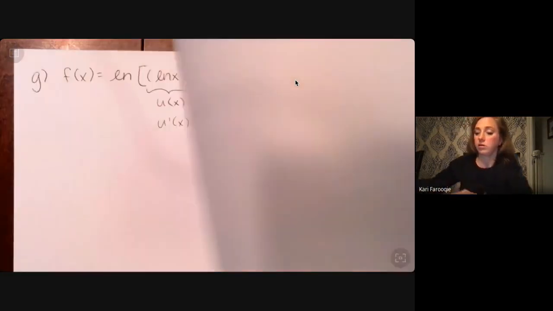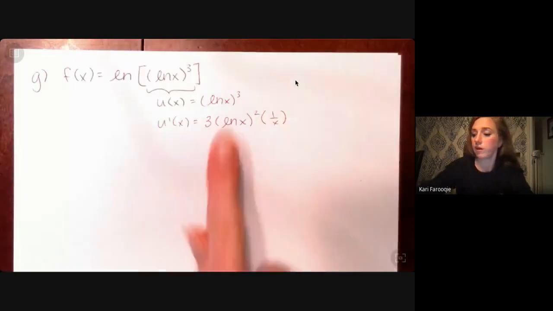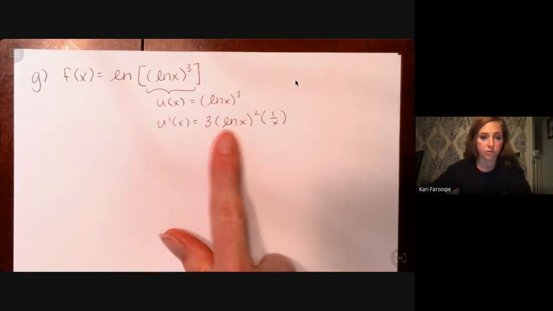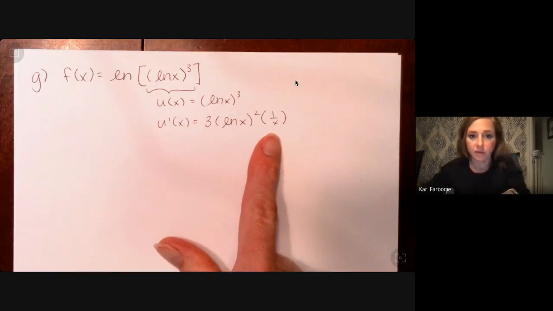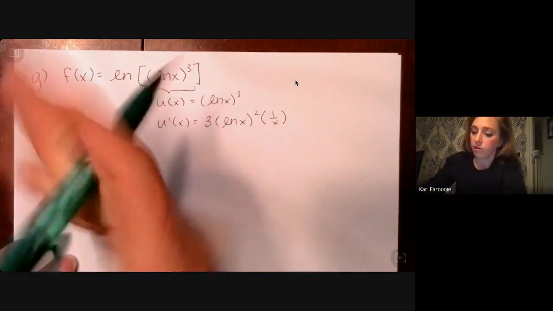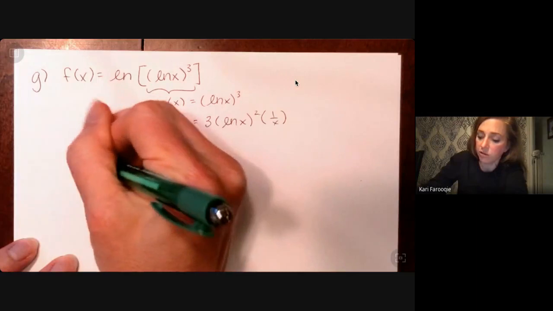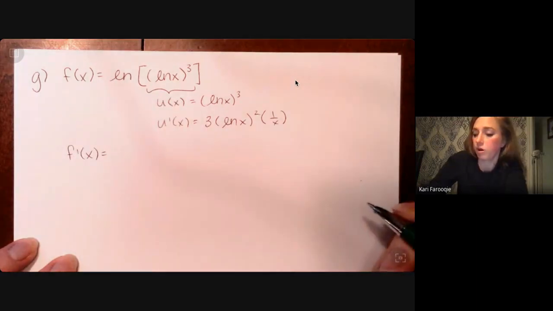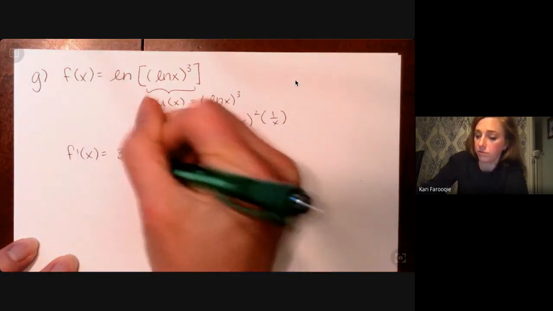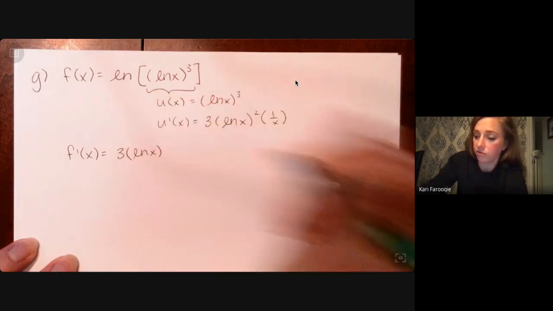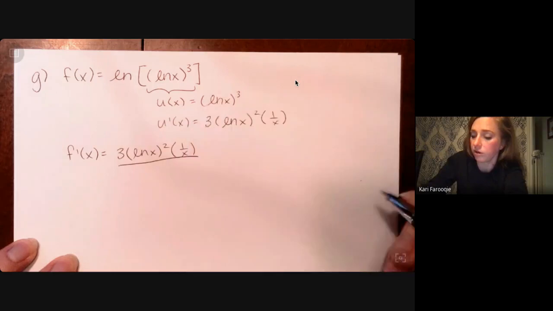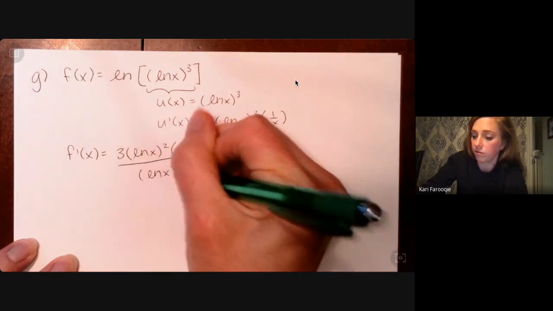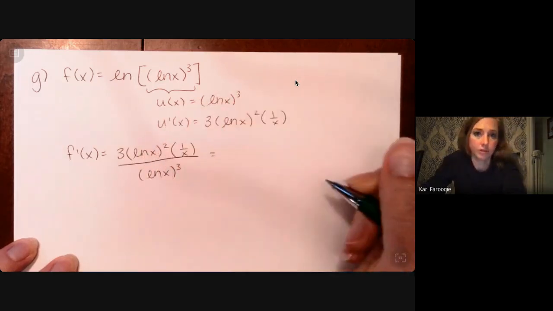Same idea here, it's just that we are using natural log of x to the 3rd power. So you take the derivative, using the power rule, chain on the derivative of the inside function. And then you can use that rule where f prime of x is u prime over u. So 3 times the natural log of x squared times 1 over x divided by the natural log of x cubed.